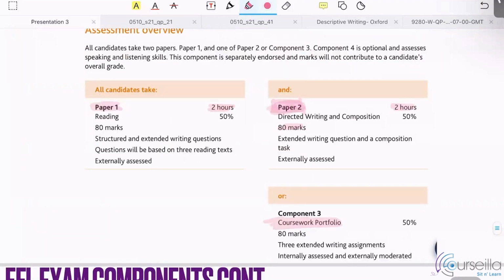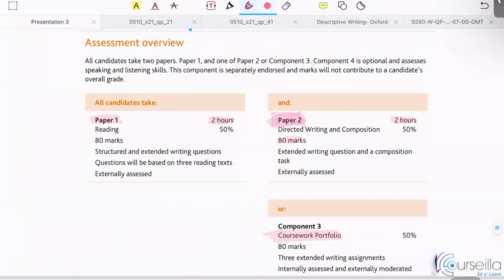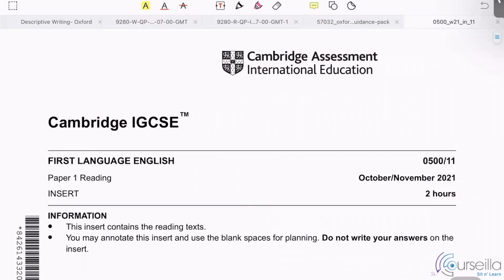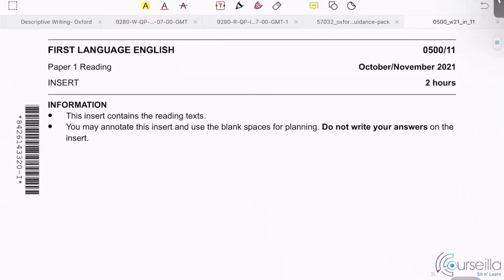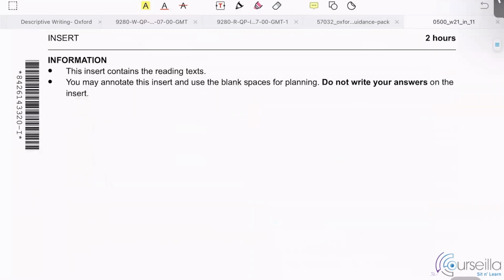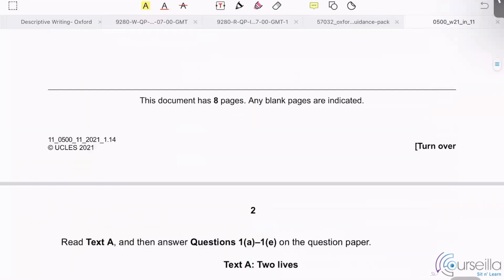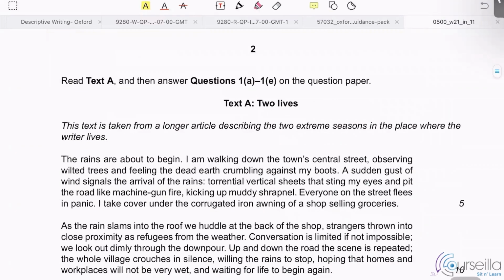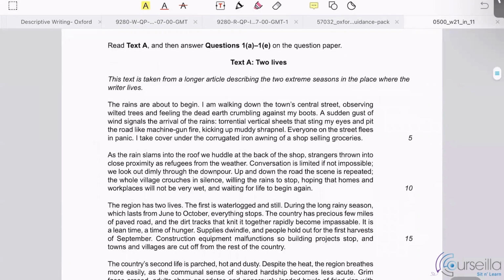Okay, I'm going through paper 1 now. In paper 1, we have an insert. An insert is for the passages. How many passages do I have? I have 3 passages.